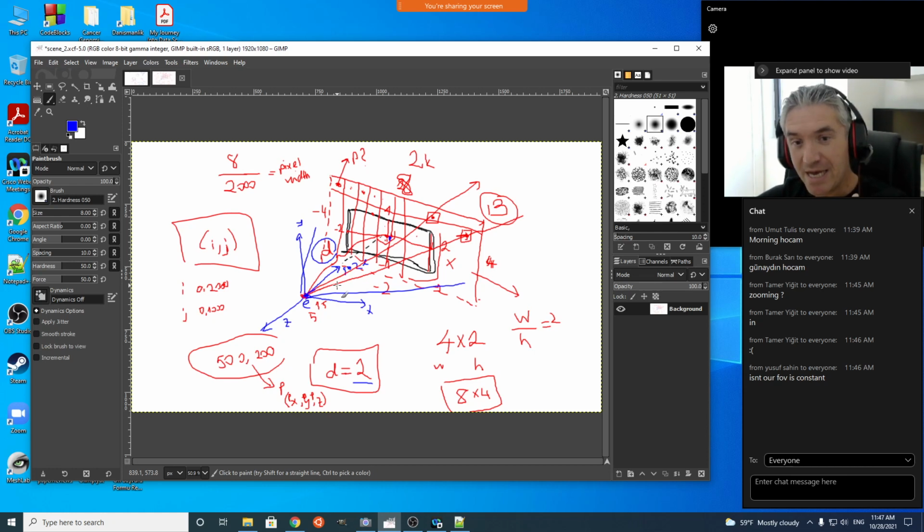Zooming in requires you to move the image window away from you. And you may now see the reason behind why, for example, sports photographers, if they want a really large optical zoom, should have a telephoto lens, right?